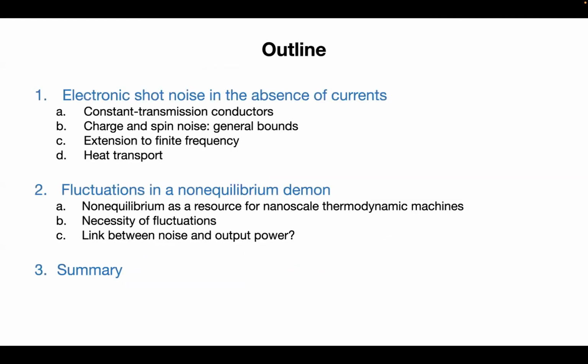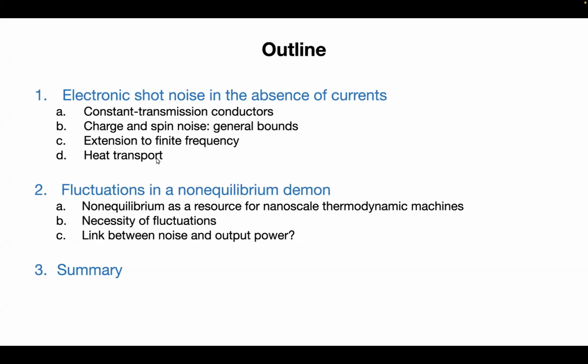Yeah, so this is the outline for the talk. In the first part, I will talk about how we can characterize the shot noise in the absence of current and how this obeys general bounds for charge and spin transport, while no such bounds are found for heat or energy transport.